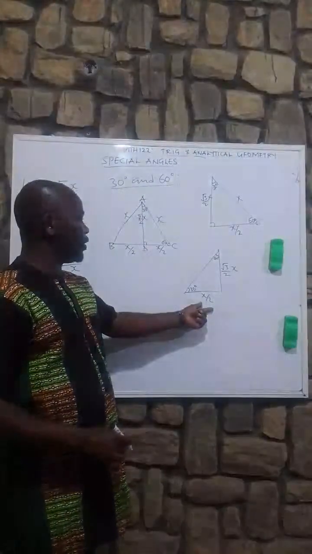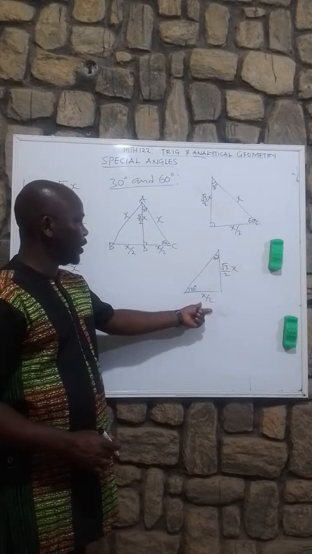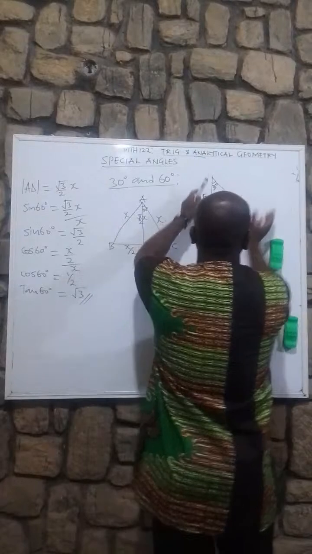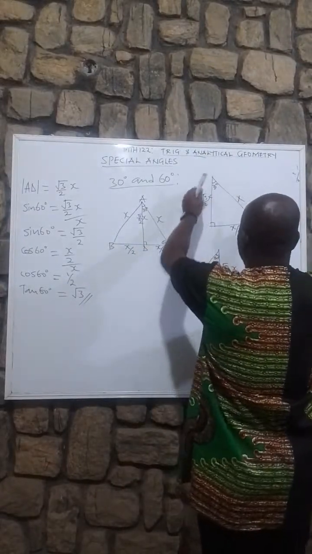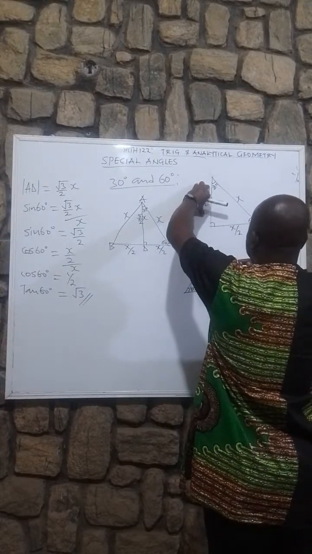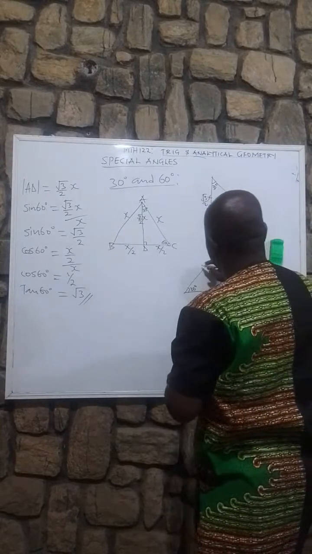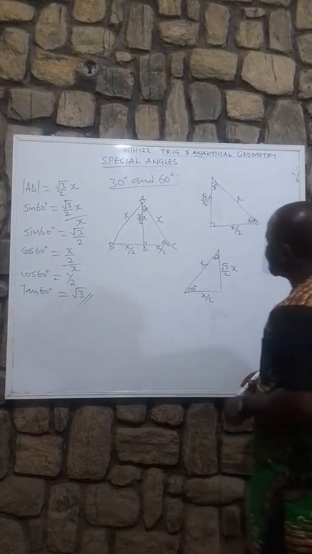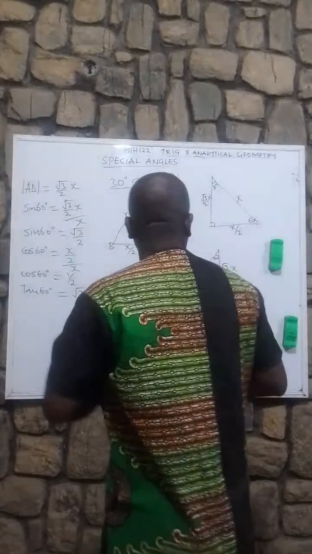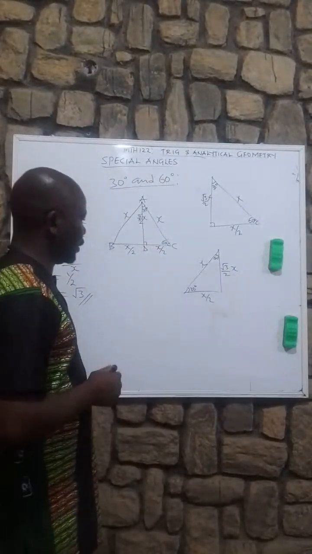It will now turn this way. Can you see now? Because if you turn this angle, this is how it will look like. Is that clear? Then this is our x. Is that clear?